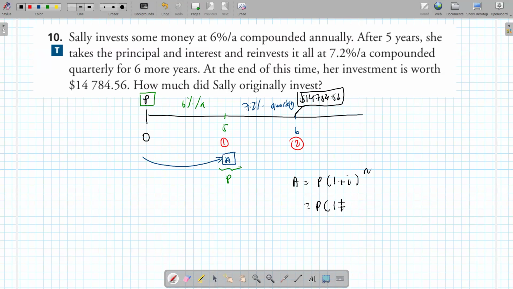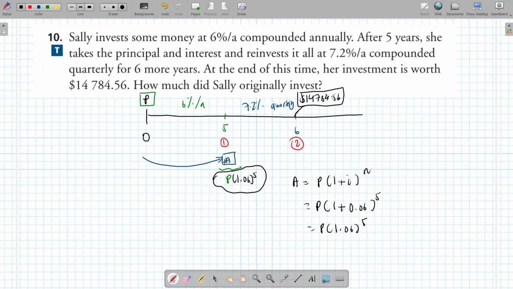What is i here? 0.06. And n, we again don't have to touch this. That's 5. So this becomes P times 1.06 to the power of 5. This is the amount right here. So the amount right there is P times 1.06 to the power of 5. This is the final money.